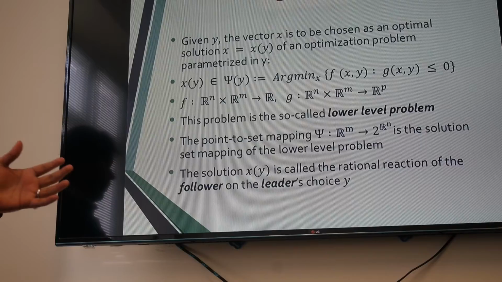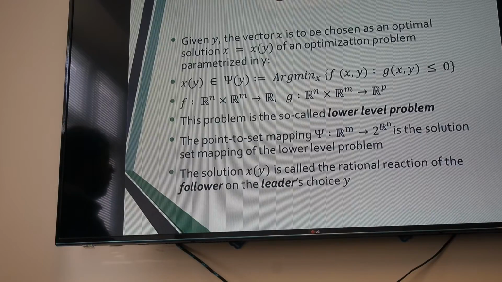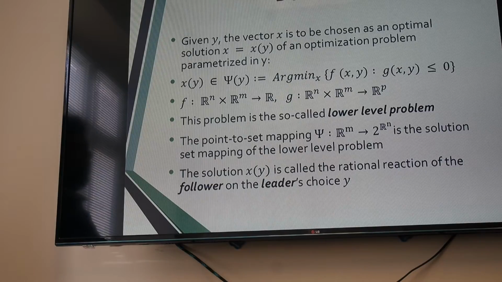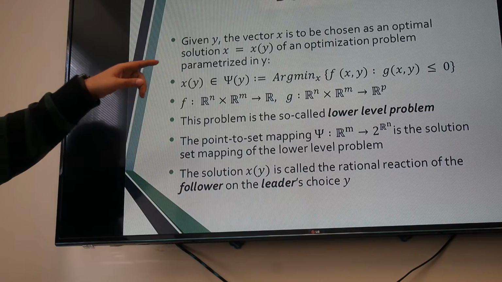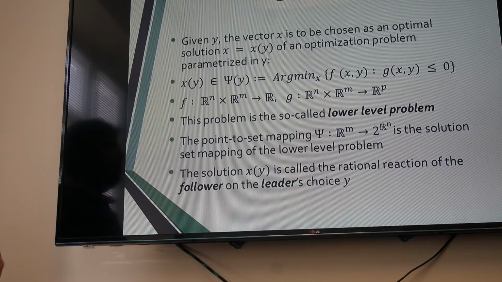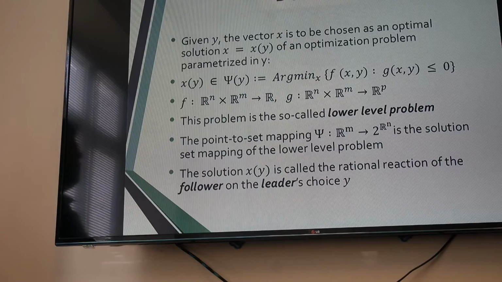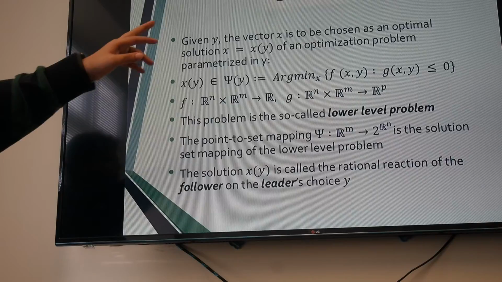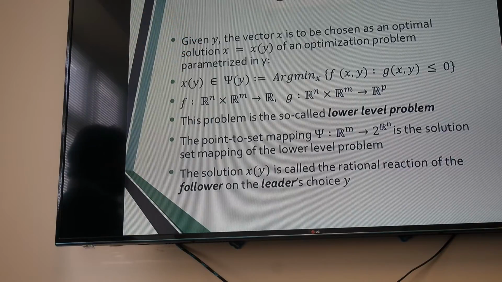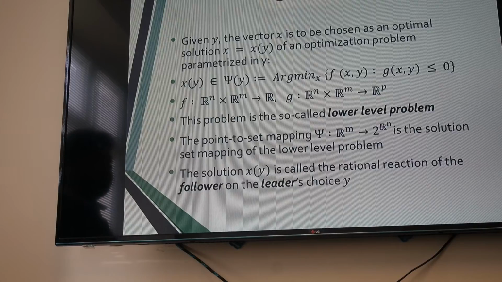So you put all your constraints, you see what feasible region you will get. Those are the solutions that are feasible for both. And it's equal to the minimization of f of x and y subject to some constraints g of x and y. f is a real number, and we will have p number of constraints g. This problem is called the lower level problem.